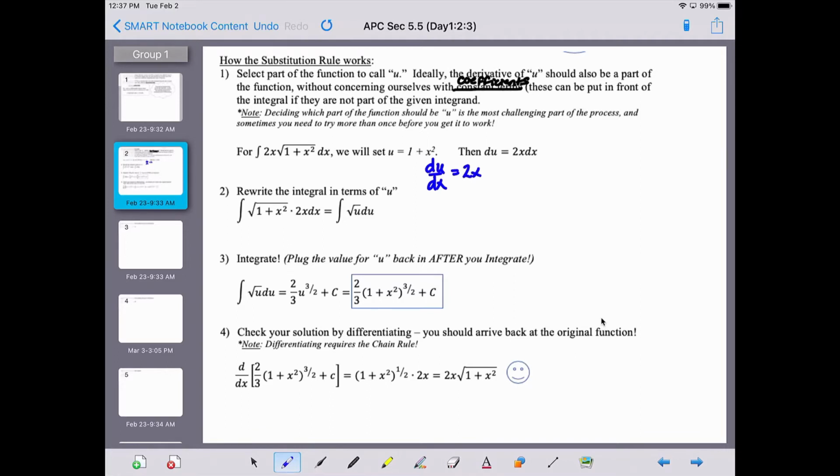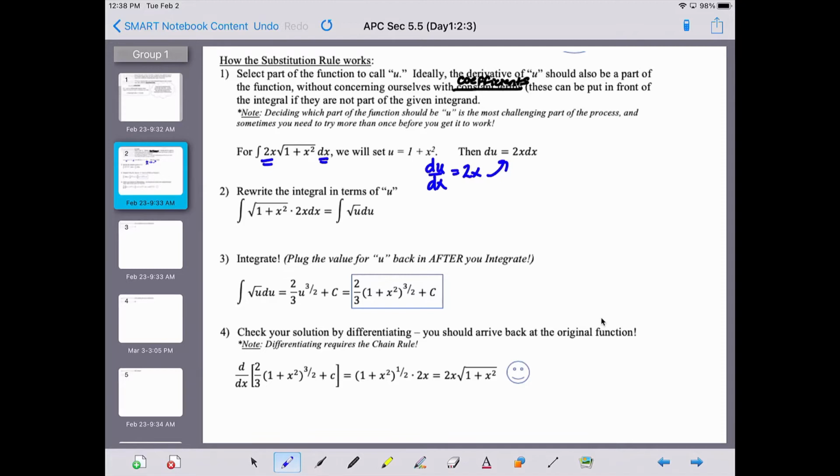And so then if I were to solve this for du, then I would get that du is equal to 2x times dx. Well, if I look at my original integral, if I let what's under the square root, which is 1 plus x squared, be my u, then that 2x dx would be equal to my du. So that works out well.